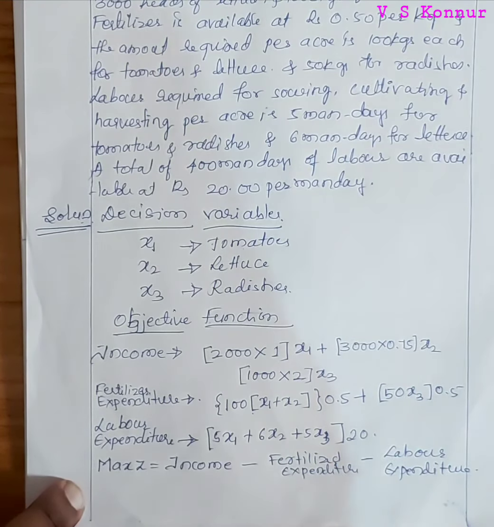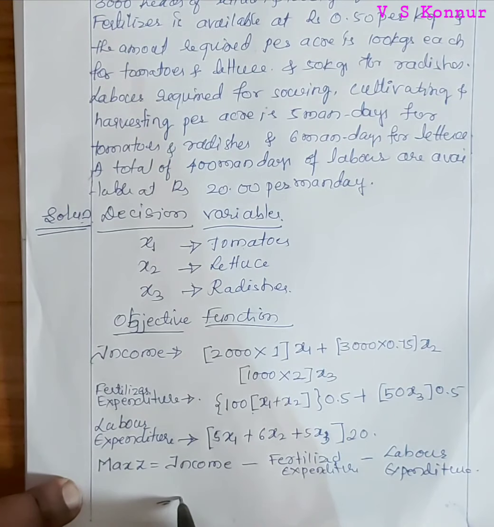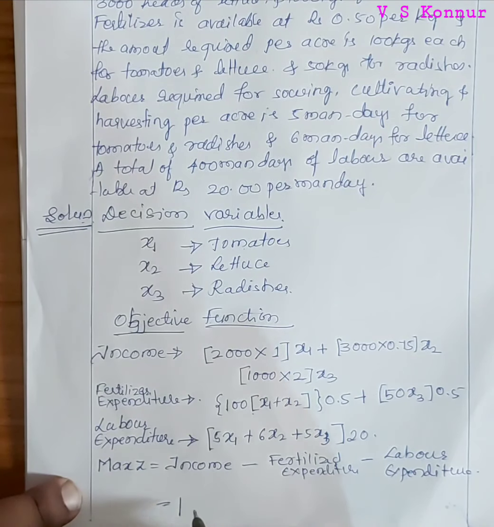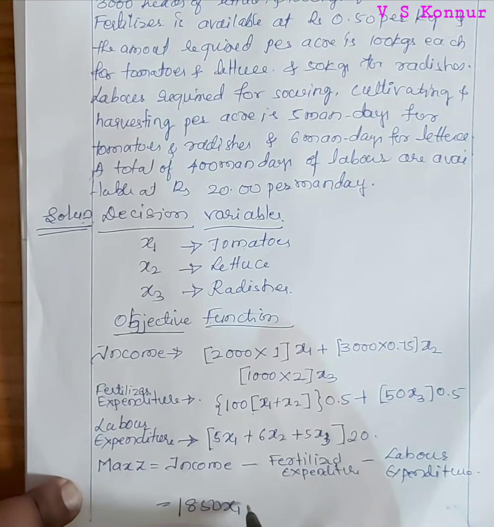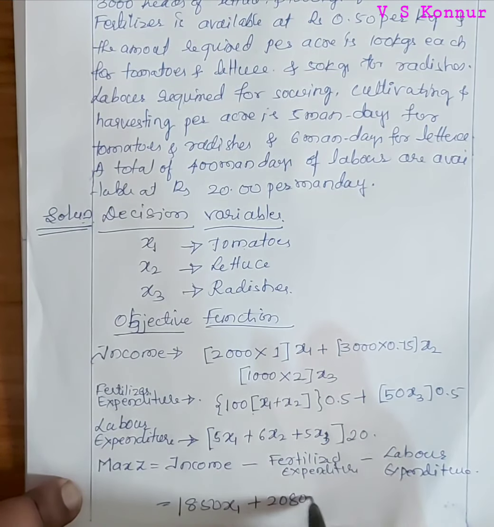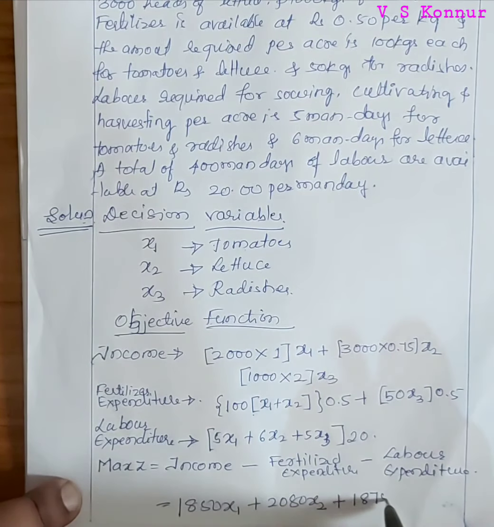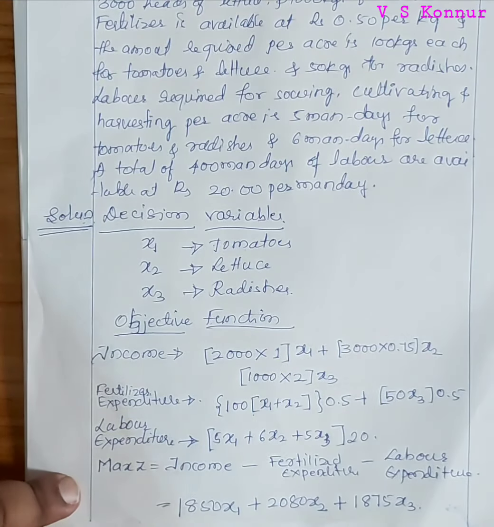After solving this, you can use a calculator. We'll get max of Z is equal to 1850 x1 plus 2080 x2 plus 1875 x3. So this is the max of Z.